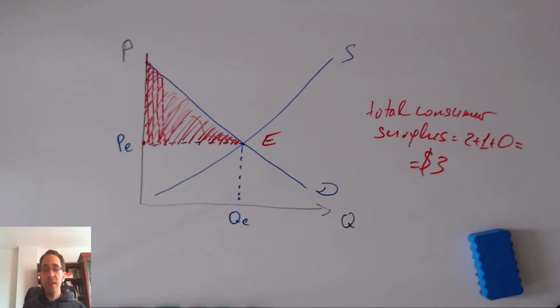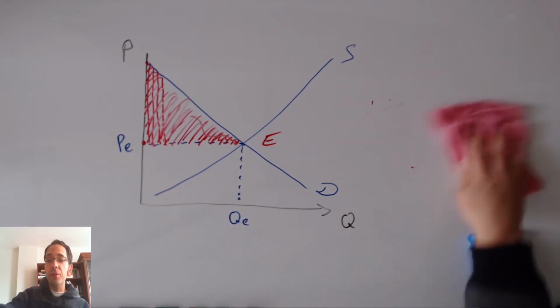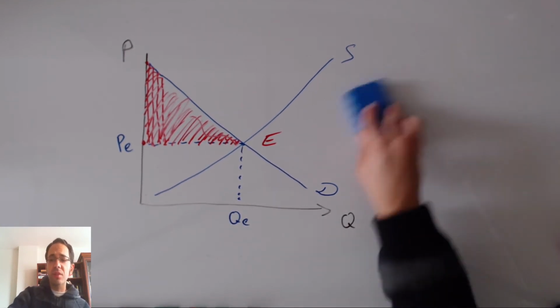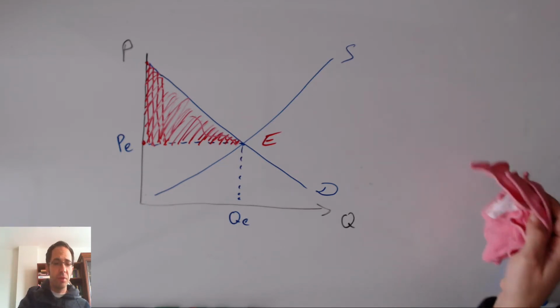Now, similarly, we have something called a producer surplus. And if you understand the consumer surplus, the producer surplus is almost identical. It simply happens from the perspective of the producer. So let's clean this up.